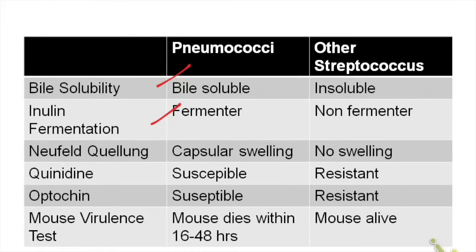And then quinine derivative. Pneumococci are susceptible to it, but other strep are not. They're resistant. Okay, optochin, one of the most popular tests for pneumococci. Again, pneumococci are sensitive, other strep are not. The mouse virulence test, later on I'll show you how they discovered Strep pneumoniae.